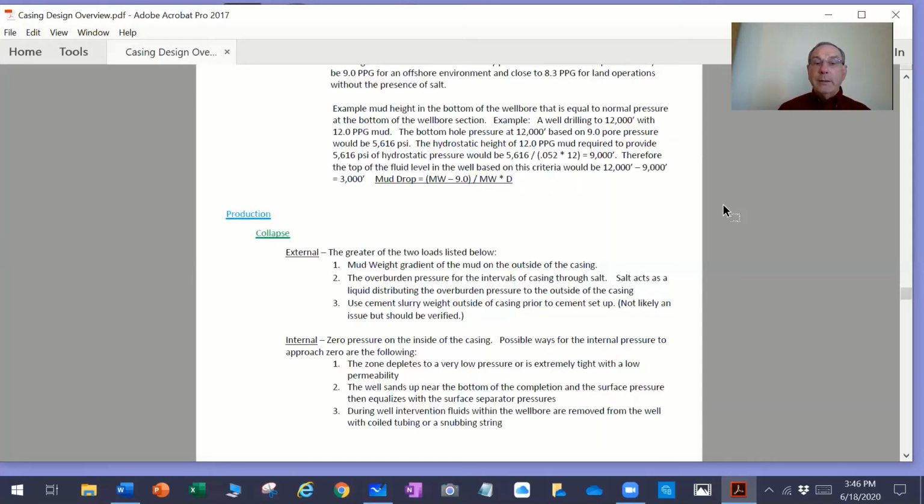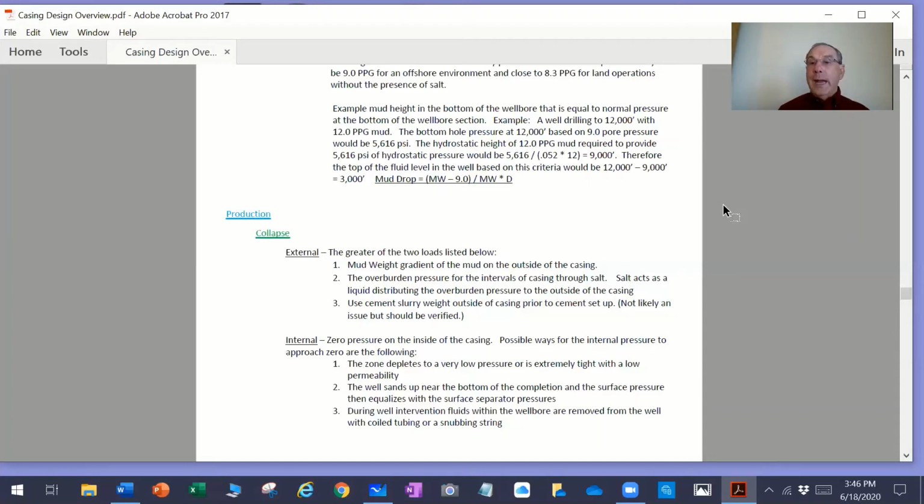Number 2, the well sands up near the bottom of the completion, and the surface pressure then equalizes with the surface separator pressure. I've seen that happen before. It seems like it always happens at 2 o'clock in the morning: a choke cuts out on a high pressure offshore well on a 1/4 inch choke producing 30 million cubic feet of gas a day, and the rate goes from 30 million a day to 100 million a day for 30 minutes.